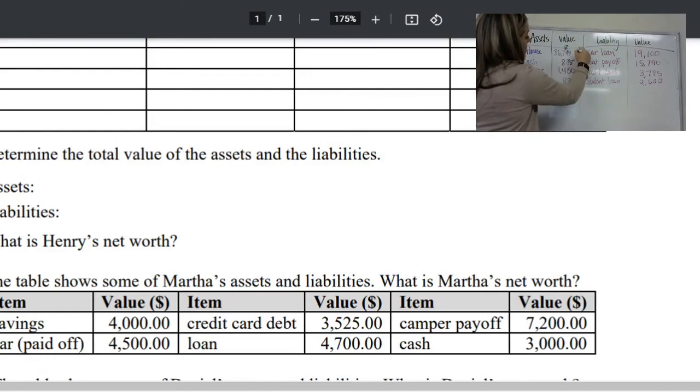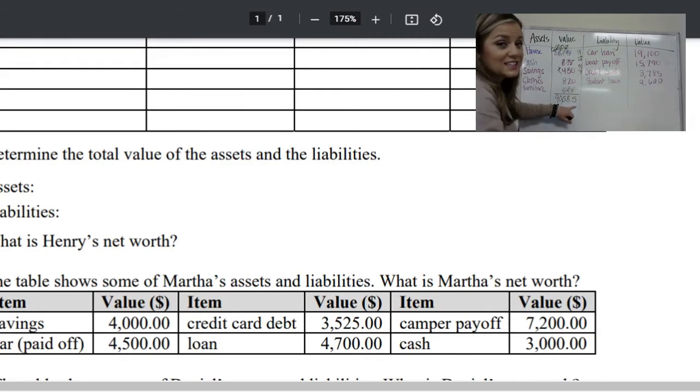So 10, 12, and 6, 8, 28. The 8 can stay, the 2 got to go. So this 2 and 8 make a 10. 6 and 4 make a 10. And 8 and 7 make a 15. So we have 20 and 15, 35. The 5 can stay, but the 3 got to go. So 3 and 1 make 4, and 4 and 6 make 10. 0 can stay, 1 got to go. 9.